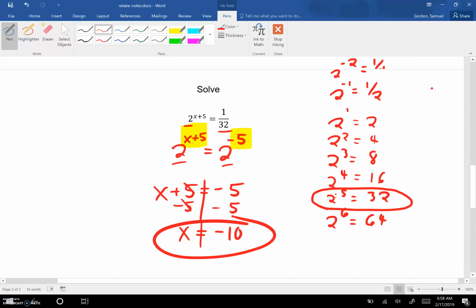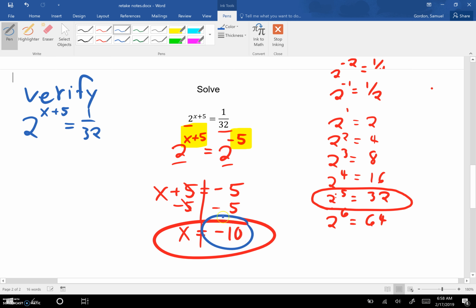I'm done. That's it. Now let's say I wanted to verify that I did this right. I'm going to recopy the original problem. 2 to the x plus 5 equals 1/32. I'm going to take that negative 10 and place it in for x. So 2 to the negative 10 plus 5 equals 1/32.